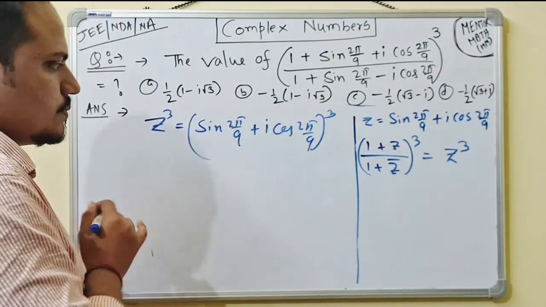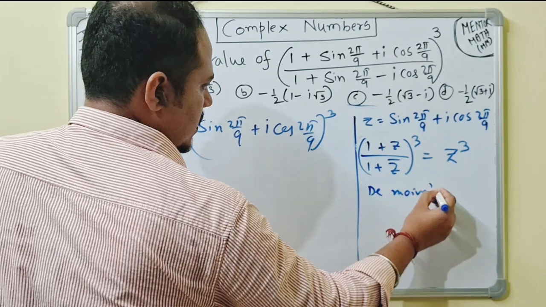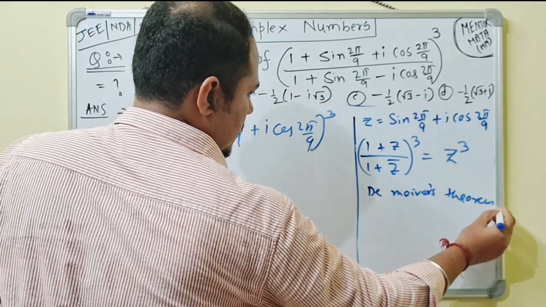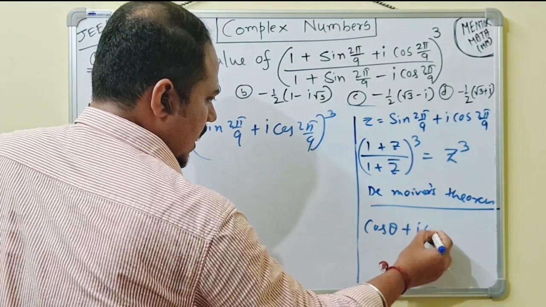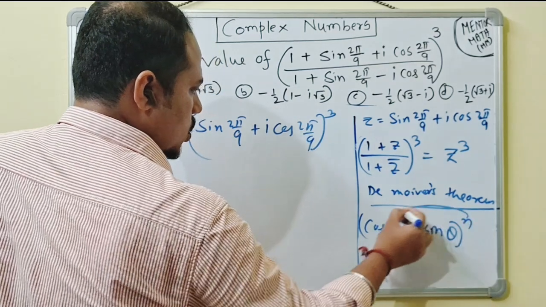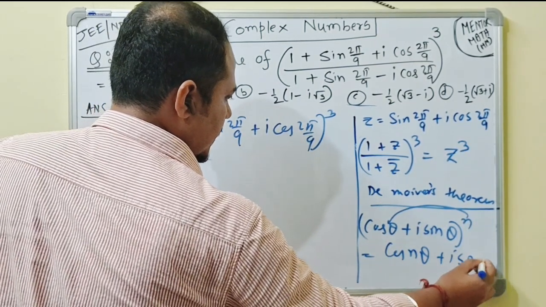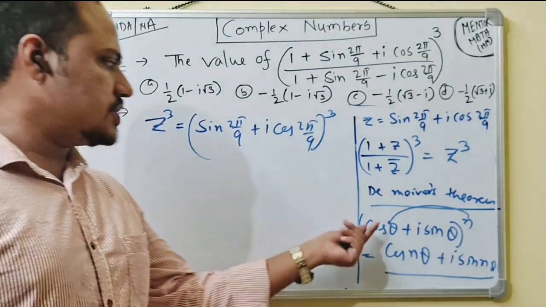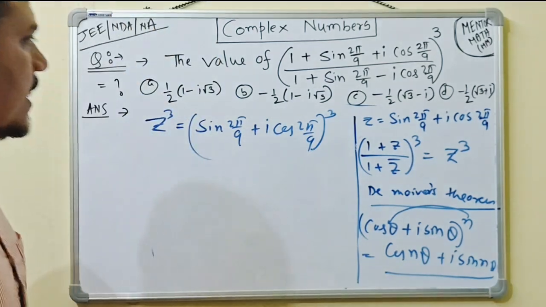De Moivre's theorem suggests that (cos θ + i sin θ) to the power n gives cos nθ + i sin nθ. So this expression you can see, that is (cos θ + i sin θ) to the power n equals cos nθ + i sin nθ.